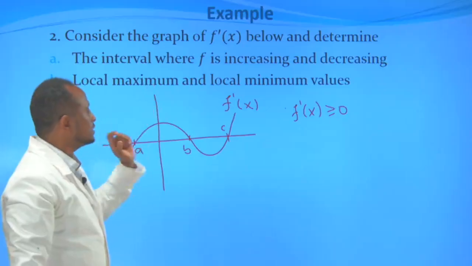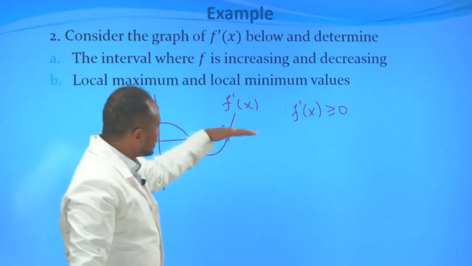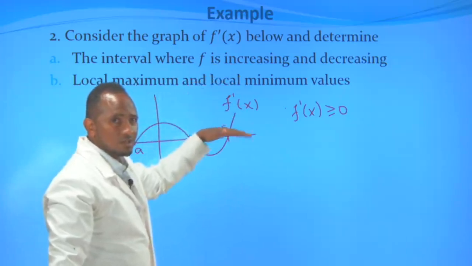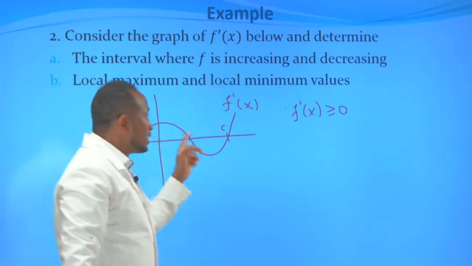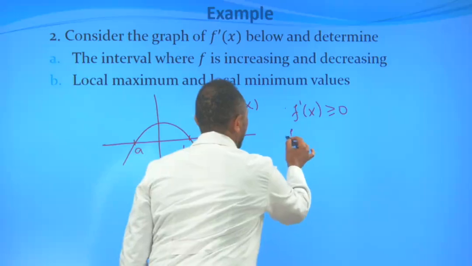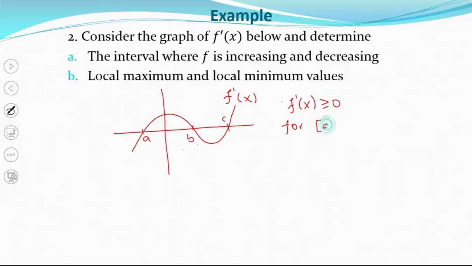Not only that, from c to infinity, f derivative of x is also above the x-axis, meaning f derivative of x is greater than 0. So f derivative of x is greater than 0 for the interval from a to b, and from c up to infinity.